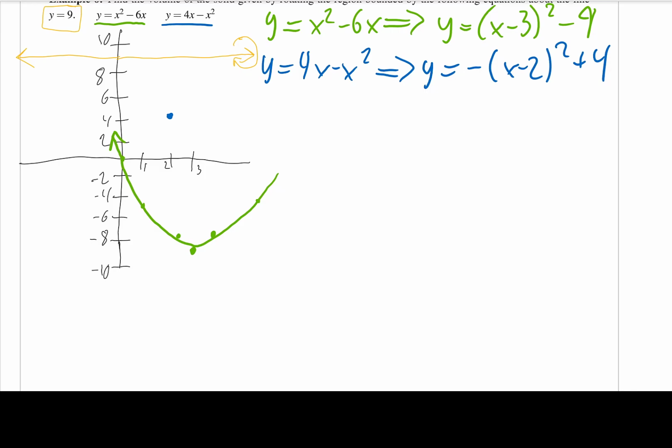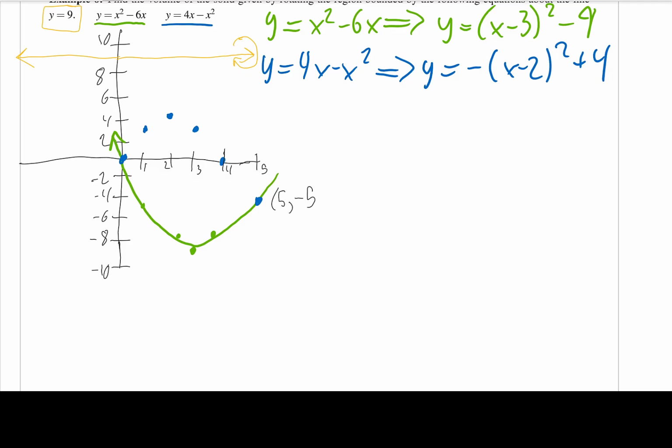So that would give us 3. If I plugged in 0, that'd give me 0. There's 4, there's 5. If I plugged in 5, this would give me 3 squared, which is 9. We have to take the negative of that. So that's negative 9 plus 4 is negative 5. Oof, that's going to meet up perfectly right there.